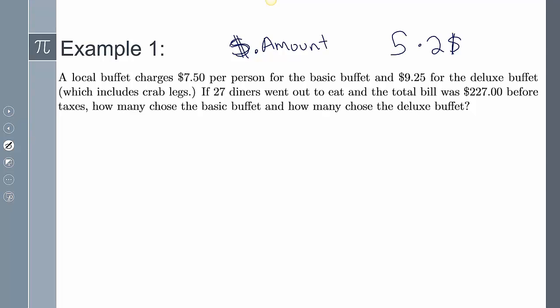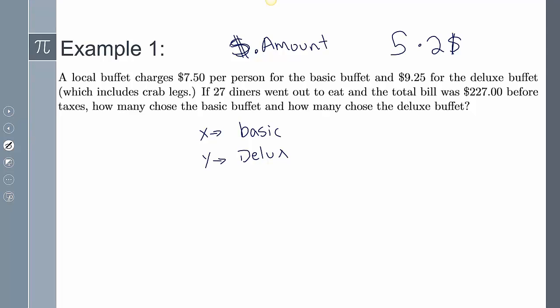So in this first example, it says a local buffet charges $7.50 per person for the basic and $9.25 for the deluxe. So I have two different things that it's talking about. We have a basic buffet and we have a deluxe. Instead of writing basic and deluxe all the time, we can substitute those values for variables.